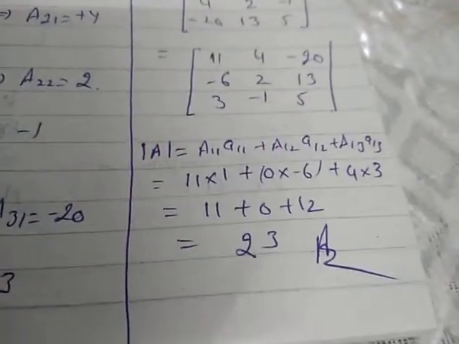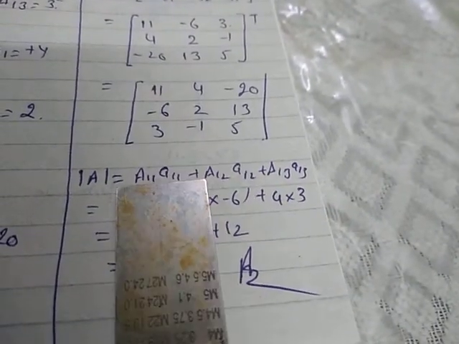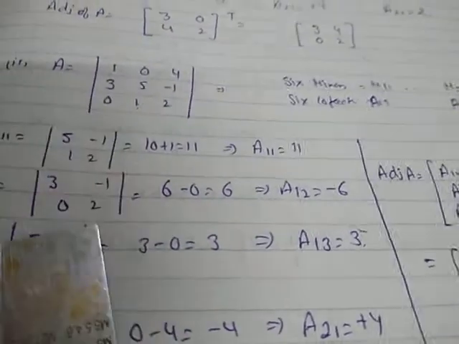For 3 by 3, no trick is there, children. You have to find out all 9 minors and 9 cofactors, then after that its adjoint. Now if we have to find out the determinant by using minors and cofactors, I am expanding along A11, that means the first row. So A11 is 1 and its adjoint is 11.